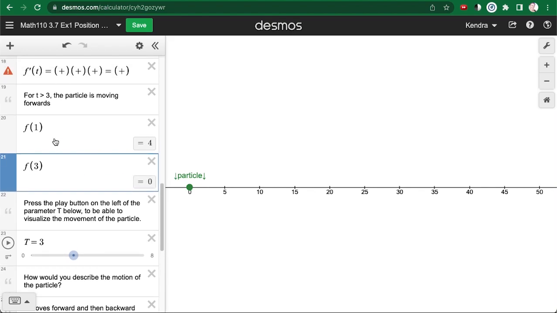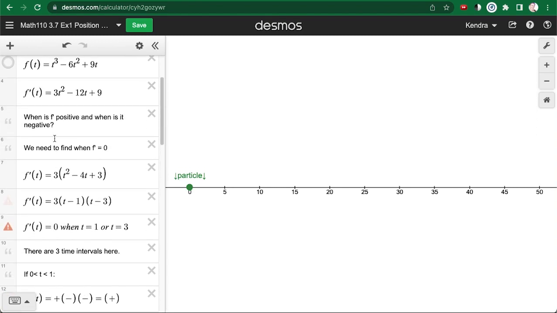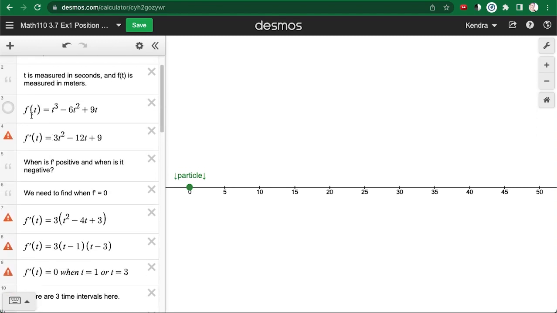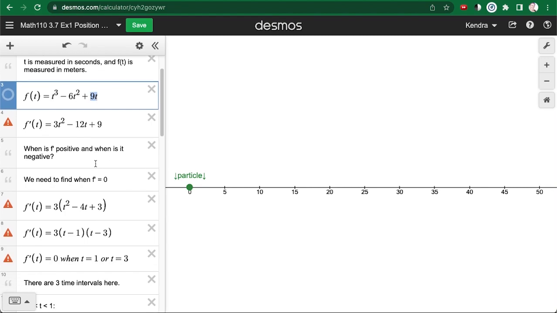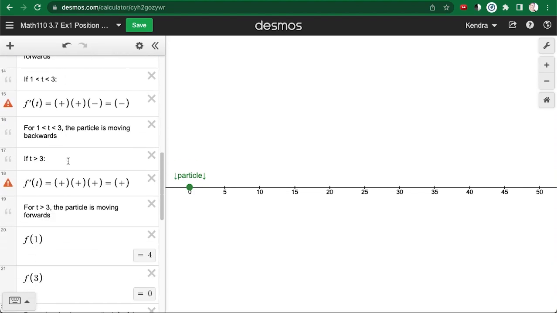And of course, you can also plug this in by looking at the function. If you were to plug in f of 1, that would be 1 cubed minus 6 times 1 plus 9. So that's 1 minus 6 is -5. -5 plus 9 is 4. Okay. And of course, you could also plug in t equals 3 and you should get 0.